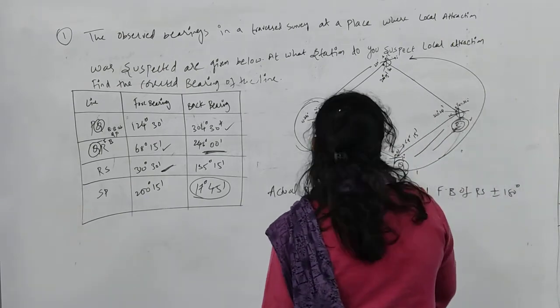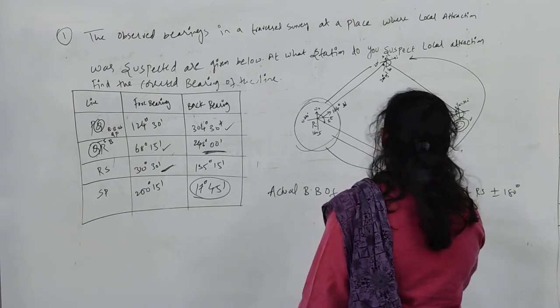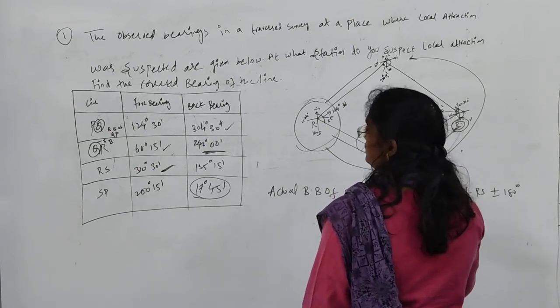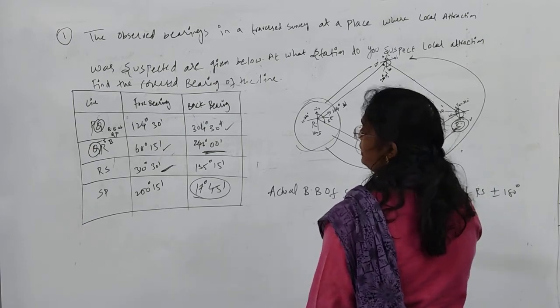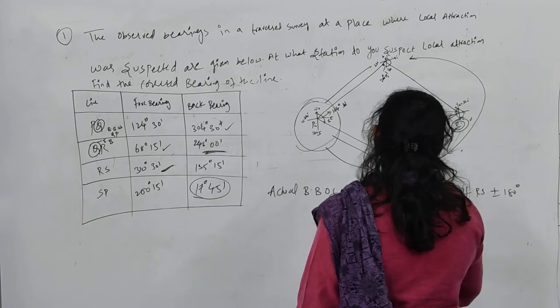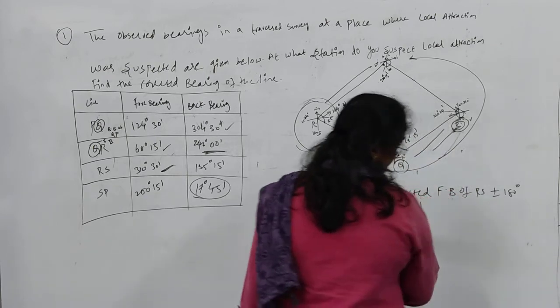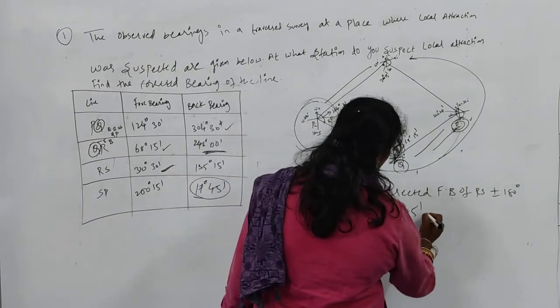What is the corrected forebearing of RS? 312 degrees 45 minutes.